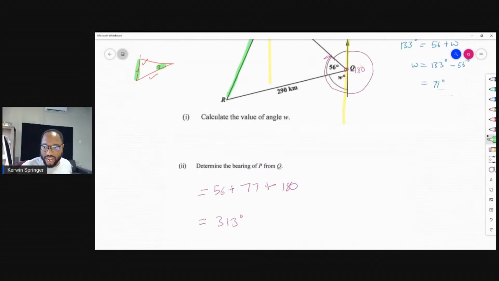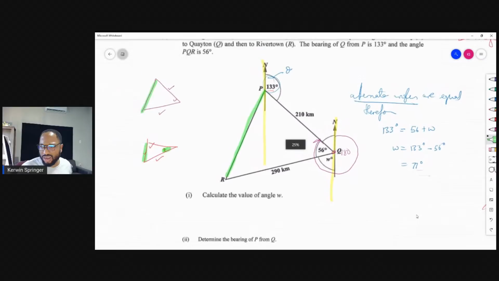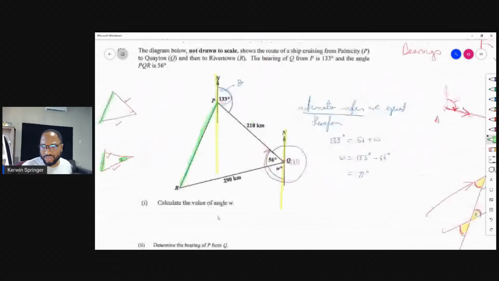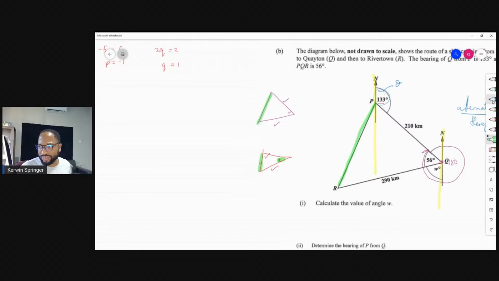So, calculate the distance RP, cosine rule. There are about 3 ways this comes. They write the cosine rule. I tried to write it in the same way they have it in the formula booklet. The formula booklet also has the common formulas that CXC will give you in the exam paper.